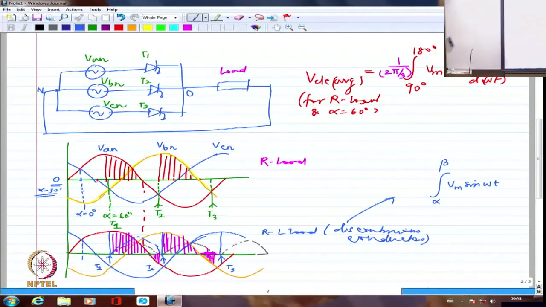So if I am integrating from alpha to beta, I am actually integrating VAN. So VAN I cannot specify as Vm sin omega t now. I have to write it as Vm sin of omega t plus 30. Yes, you have to write that as Vm sin of omega t plus 30.